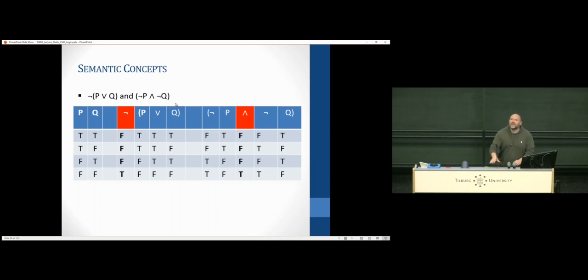The rest of it is bookkeeping to get us there. I want to emphasize that. I don't want people to say, oh, there's a T over here and an F over here, so obviously they're different. No, that's not it. The important thing to look for is the columns under the main operators. That is the only thing that matters for tautological equivalence. Okay, so I should also ask, are these two sentences tautologies?